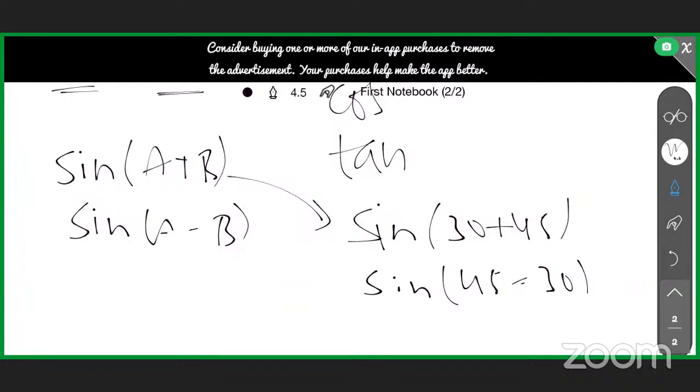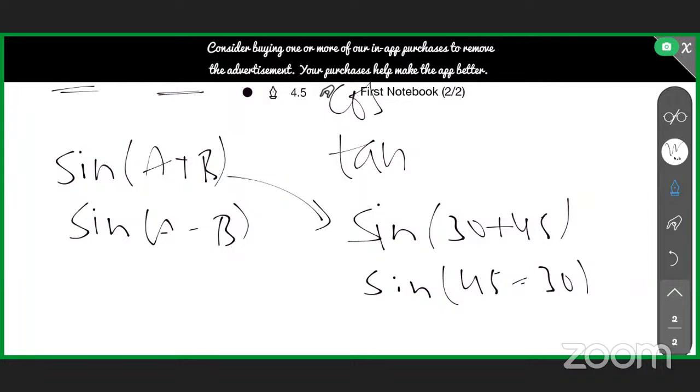Same for cos 30 plus 45, cos 45 minus 30, tan 30 plus 45, tan 45 minus 30. If it is in your textbook, no problem. If you're using the Cengage book, towards the end they should have given it in a table. If not, kindly use the allied angle formula and compound angle formula, and find the value and learn it.